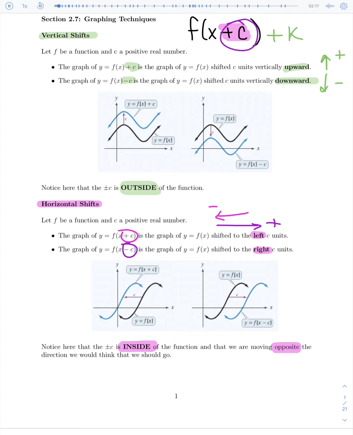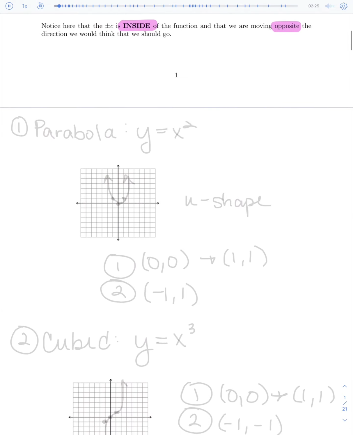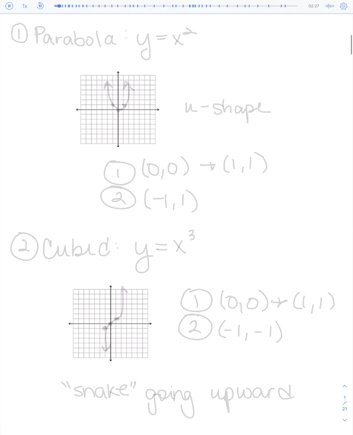And you did this back in college algebra. When you did this, there were a couple of key graphs that you would shift left, right, up, and down. Those key graphs are the following.